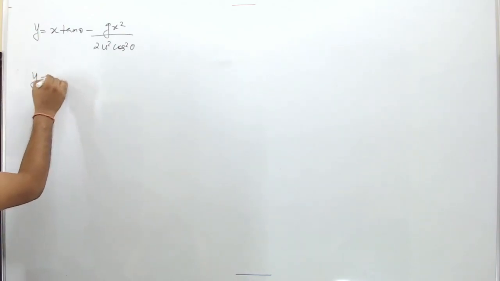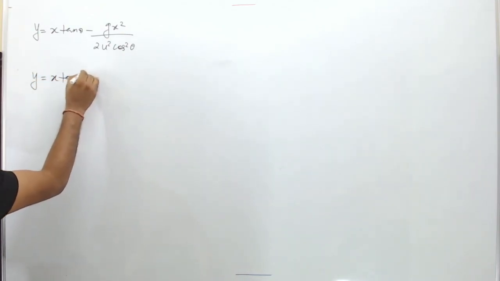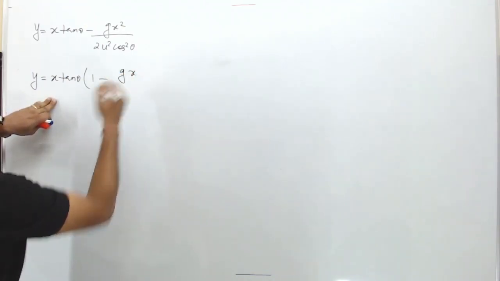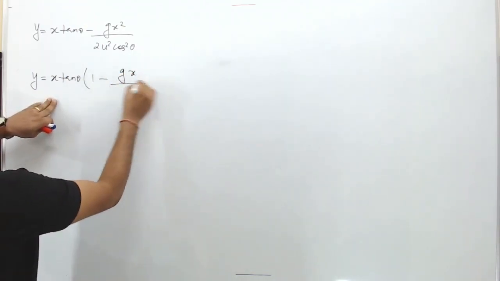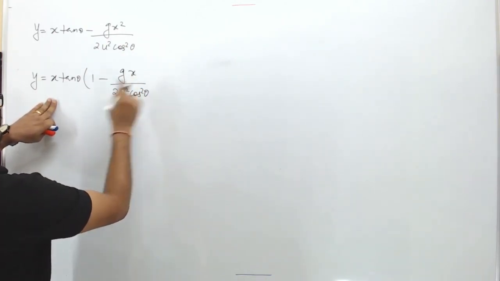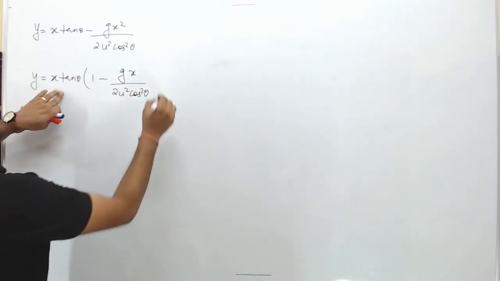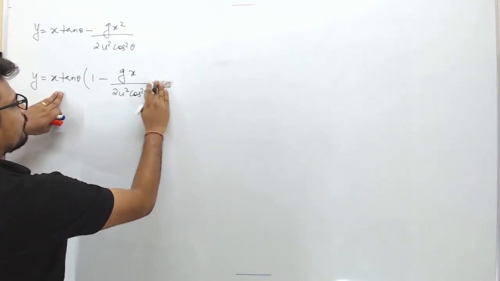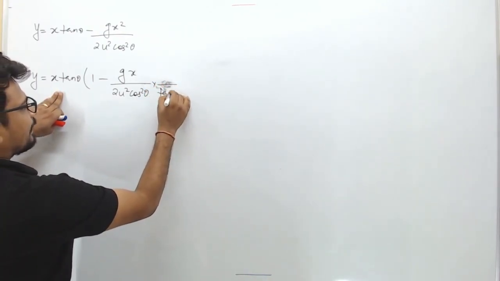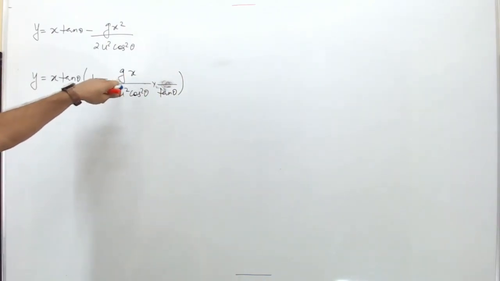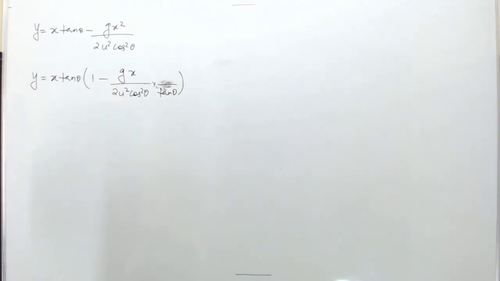If I take x tan theta common, then I should have 1 minus g x upon 2u square cos square theta, and tan theta should be in the denominator, my bad. Now if you open this up, you will get g x square upon 2u square cos square theta. Tan theta would get cancelled.